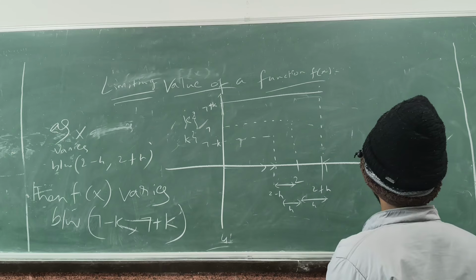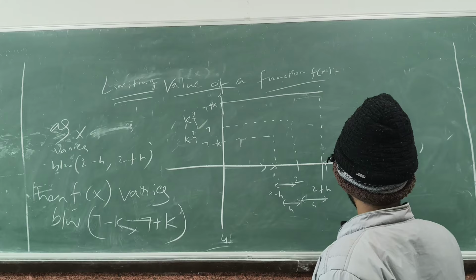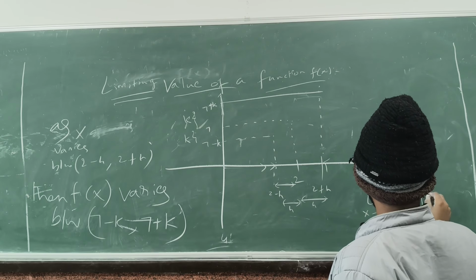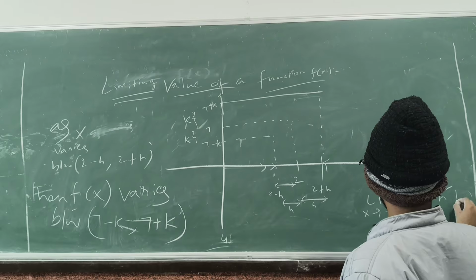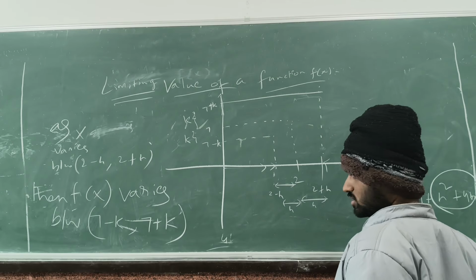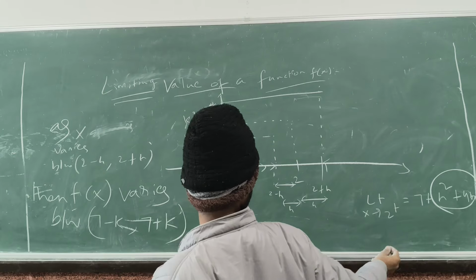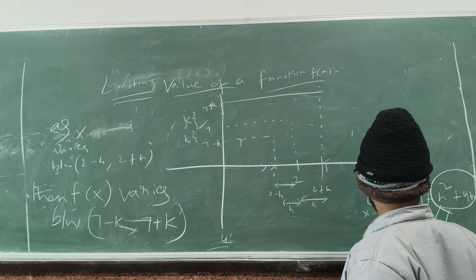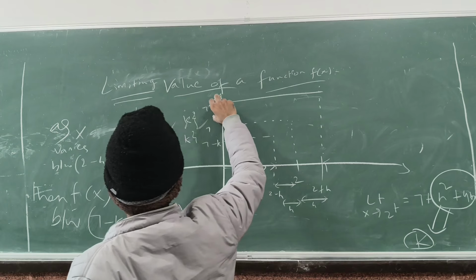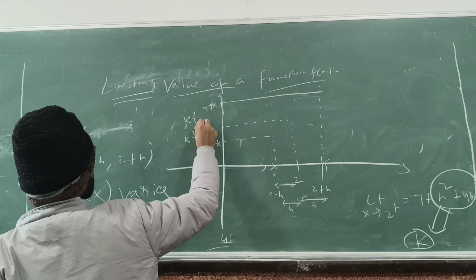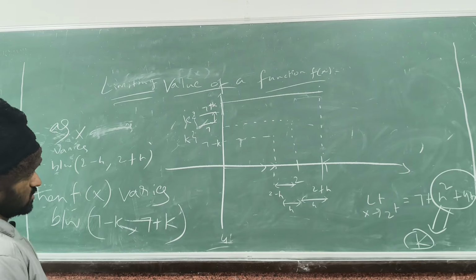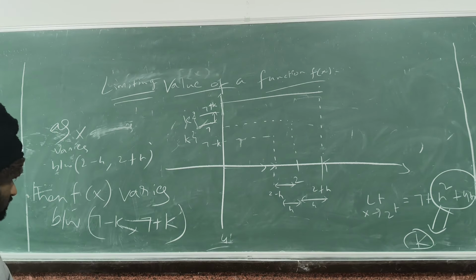You remember we got limit x tends to 2 plus as 7 plus h square plus 4h. This extra quantity is k. This difference between 7 and the value is h square plus 4h.